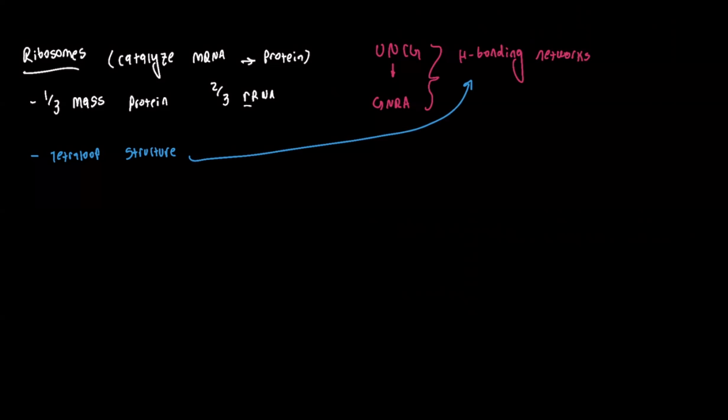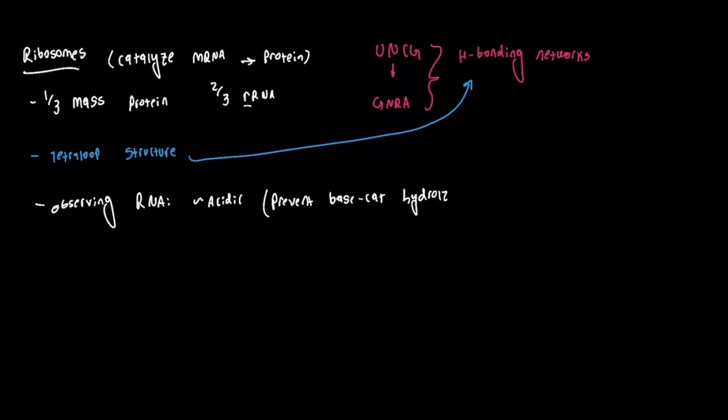All right. Lastly, when observing RNA, what you want to do is observe it in a slightly acidic environment to prevent base catalyzed hydrolysis.